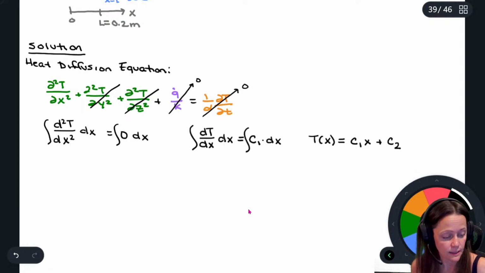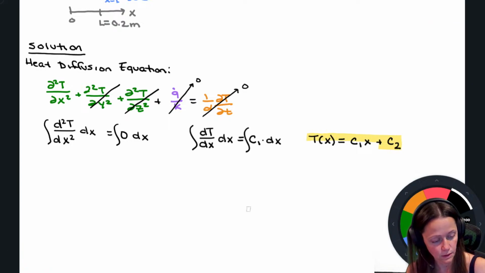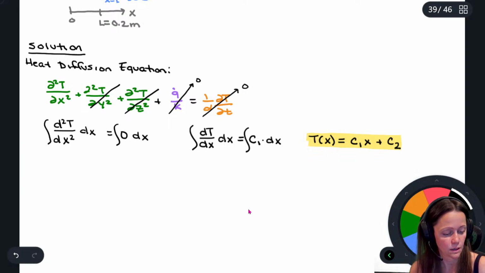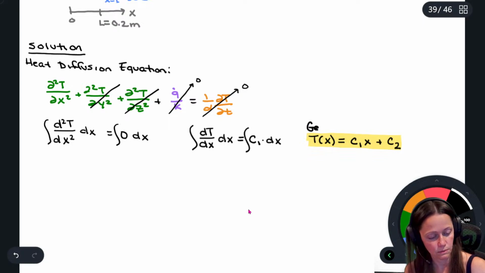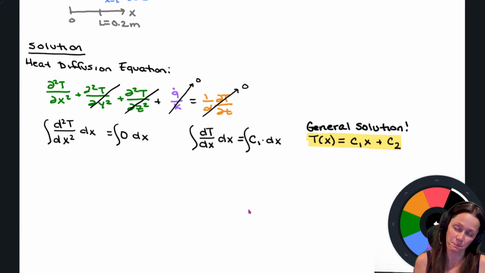So that's my general solution. If I ask you on a test for a general solution, that's what I'm looking for. The particular solution is going to be the one where you have the C1 and C2 solved for.